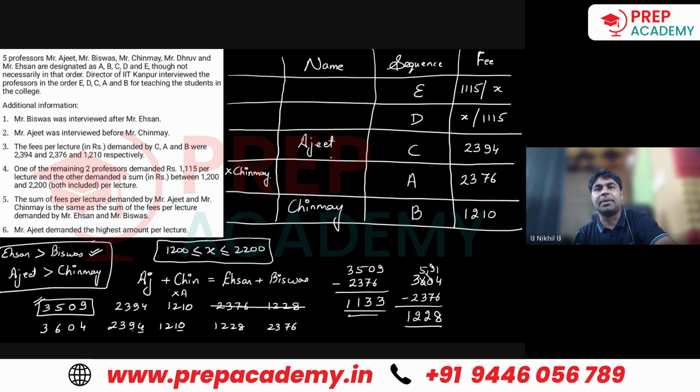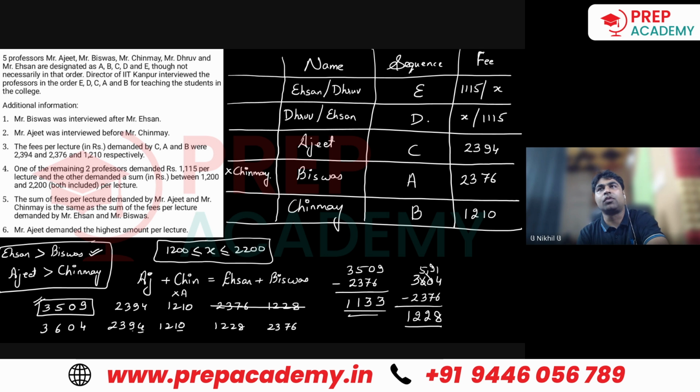Okay, that means Vishwas will have this 2376 thing, and Ehsan will have this 1228 thing. It can be here or here. So it can either be something like Ehsan here, and then the last person was Dhruv. So Dhruv here, or Dhruv here and Ehsan here.